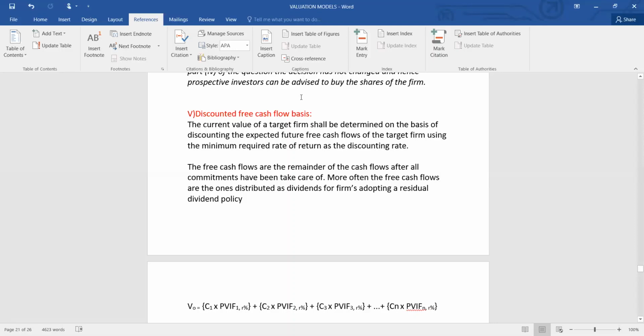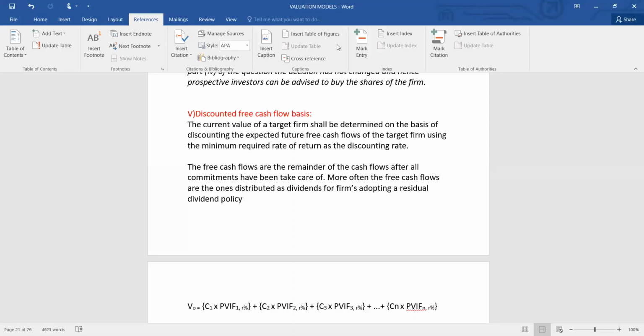What are these free cash flows? Free cash flows are the remainder of the earnings of a company after meeting all commitments. And that's why I'm talking about free. It is the uncommitted cash flow. It is the remainder of the cash flows after meeting all commitments.